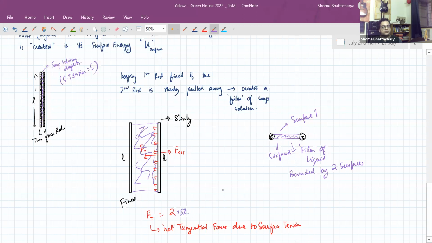Because there are two surfaces. So each surface parallelly applies force. So now, because the acceleration of the rod is tending to 0, it's moving very slowly.